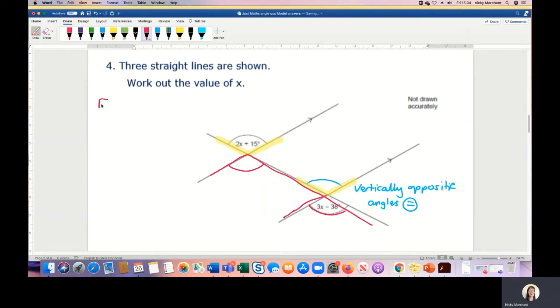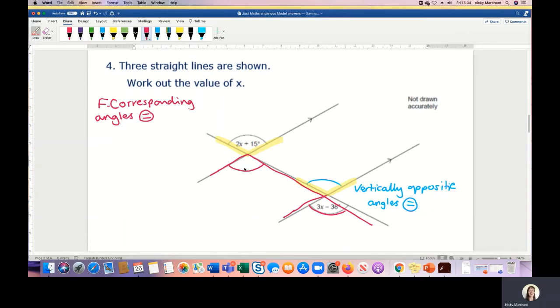I say F goes with C, like fish and chips, okay, football club. So F goes with C, and that's a corresponding angle. And so corresponding angles are also equal to each other. Again, if they look the same on parallels, they are the same.